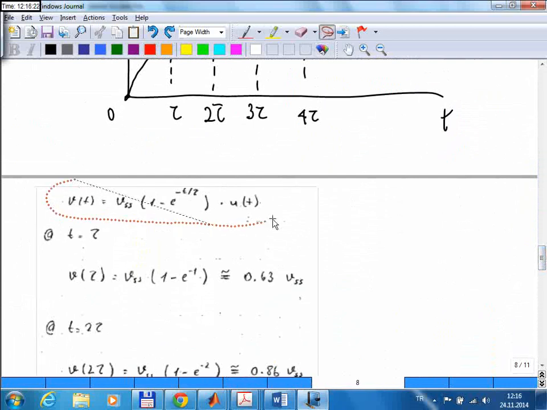Okay, and now based on this equation, suppose that we want to find the input to this system, and our target speed is 25 meters per second. Okay, so we want this car to drive at a constant speed of 25 meters per second. So we want the steady speed to be 25.